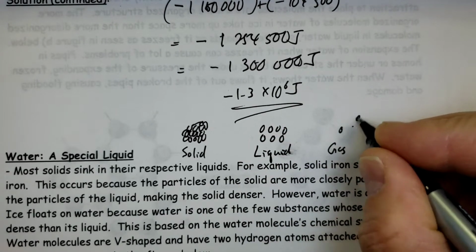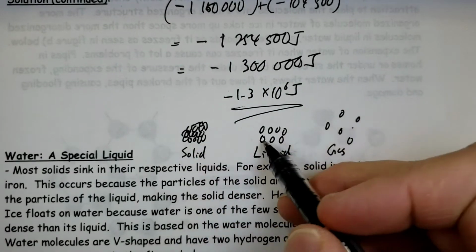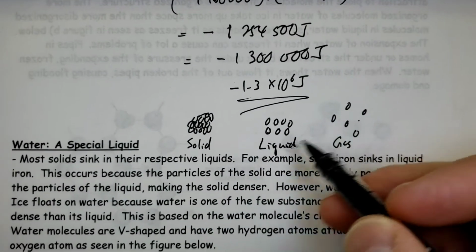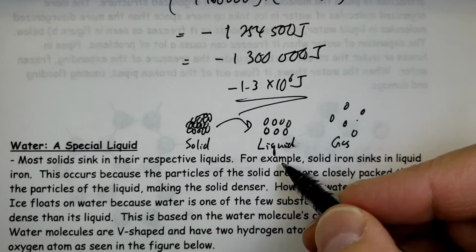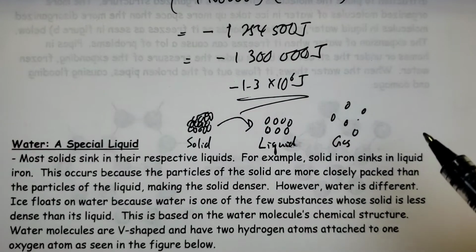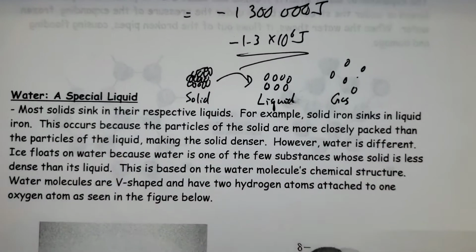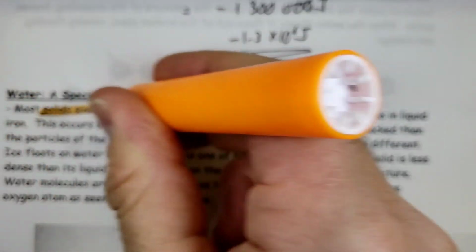Gas, really far apart. So this would be more dense than this, and this would be more dense than this. So most of the time when I put a solid into a liquid, the solid should sink to the bottom. And if I put a liquid in the gas area, of course the liquid would sink to the bottom too. So most solids sink in their particular liquids.